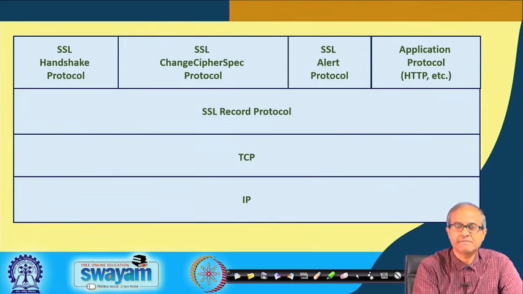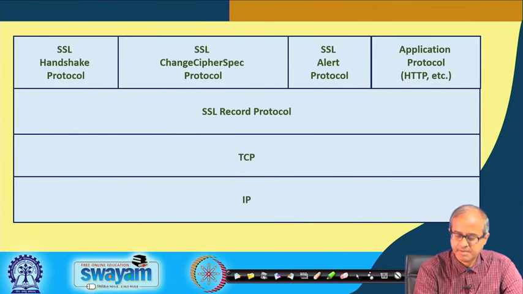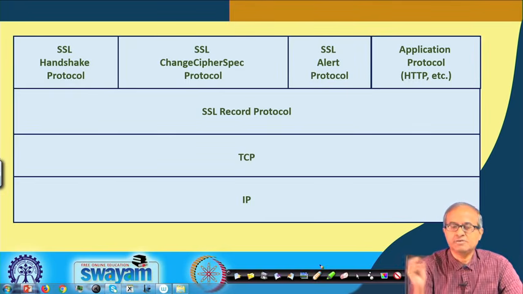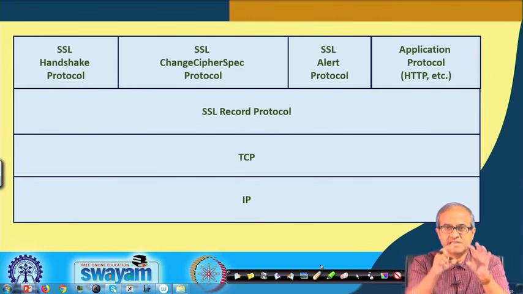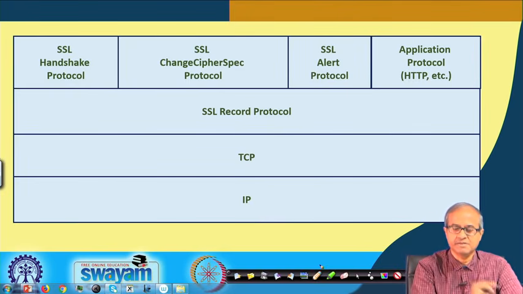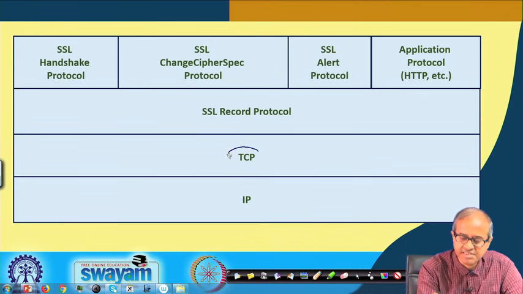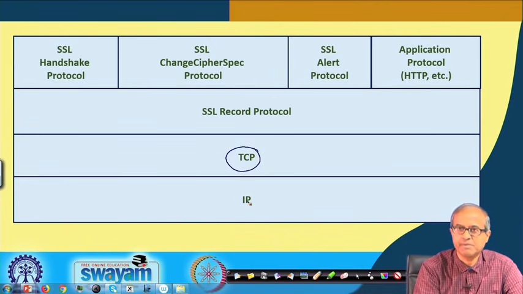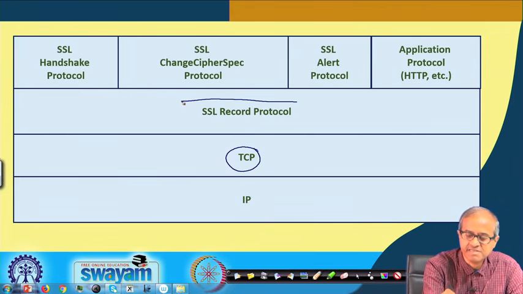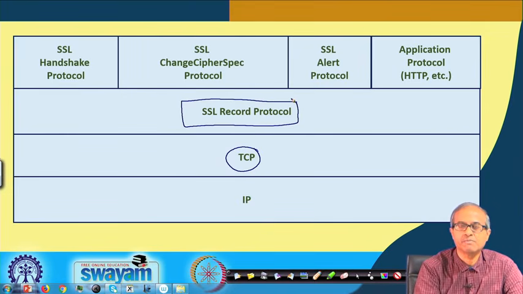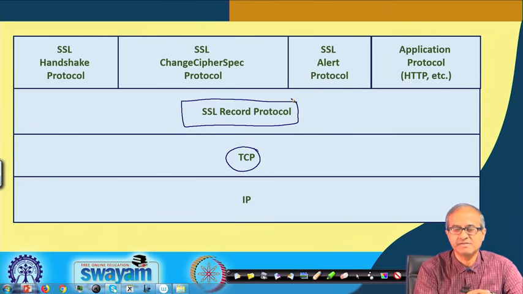Pictorially speaking, the layers are created like this. Earlier I had shown SSL as a single layer above TCP, but you see here is TCP, which of course is sitting above IP, and right above TCP you have first the SSL record protocol, which is responsible for all the encryption and other security provisions.